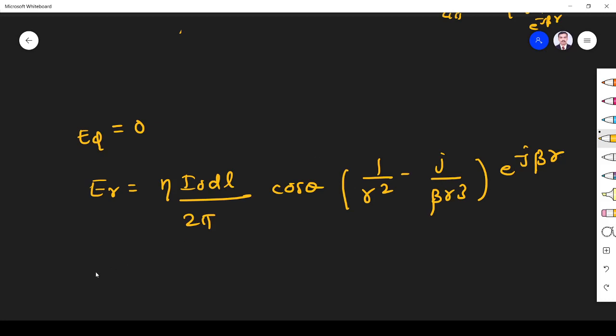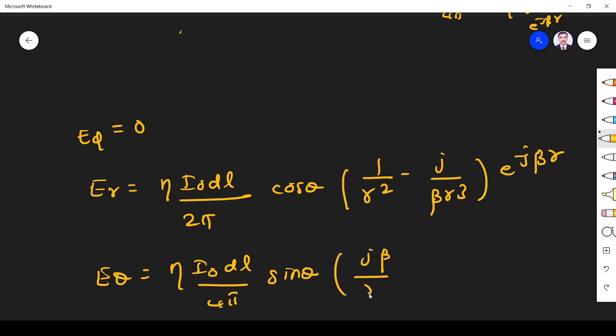Similarly, E theta we can get as eta I naught dl divided by 4 pi sin theta into (j beta by r plus 1 by r square minus j by beta r cube) into e power minus j beta r.